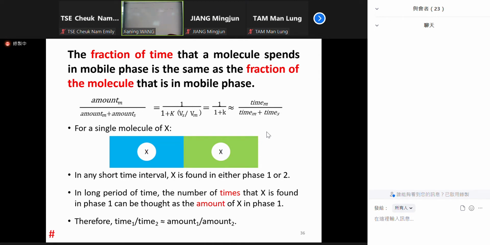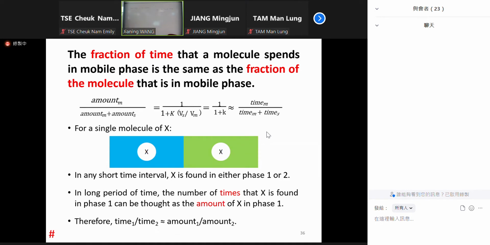You have many X molecules, not the single molecule X, but many X. So in that way, they should also have the same distribution, just like when you measure the X many times.